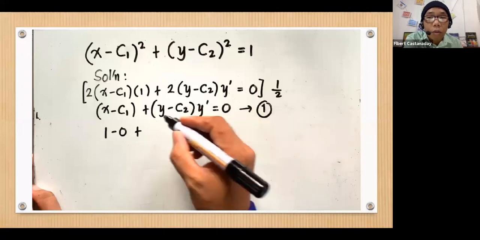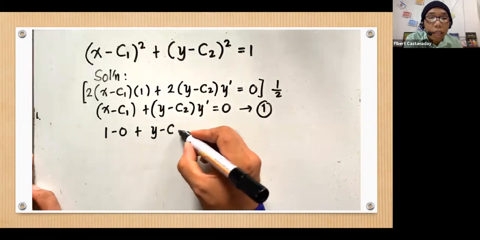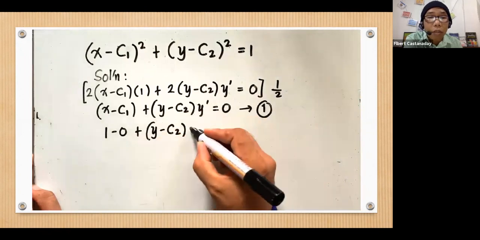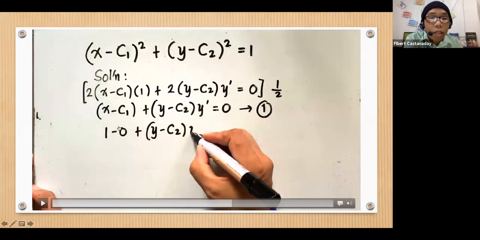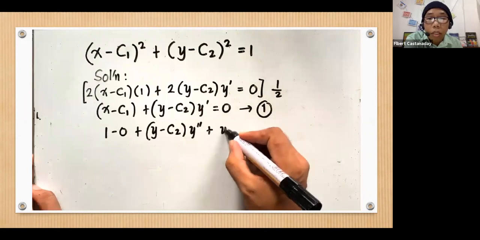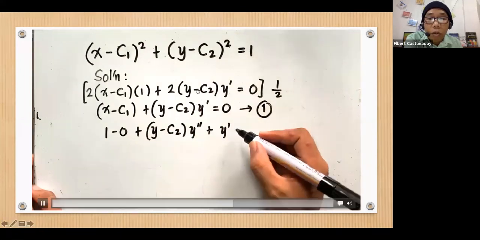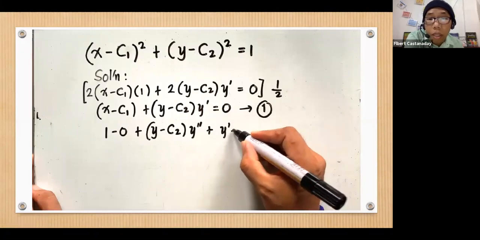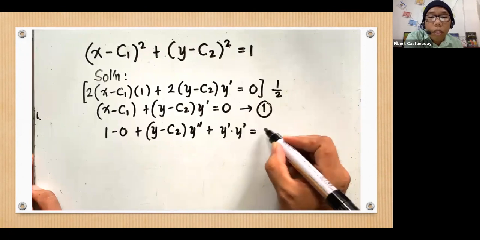So what we're doing now is we differentiate again for the second and final time. So you have 1 being the derivative of x and 0 for c sub 1. Here, we are going to use the product rule, yung u dv plus v du. So you copy y minus c sub 2, you differentiate y prime, and that will become y double prime, plus you copy y prime, differentiate mo yung nasa loob, that is y prime minus 0, or just simply y prime, equals 0.